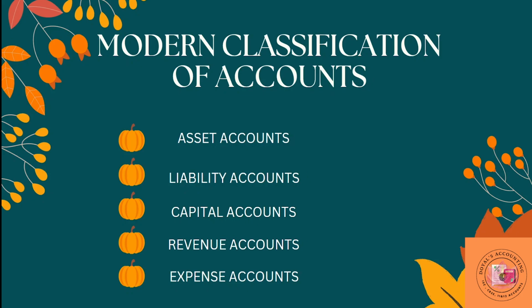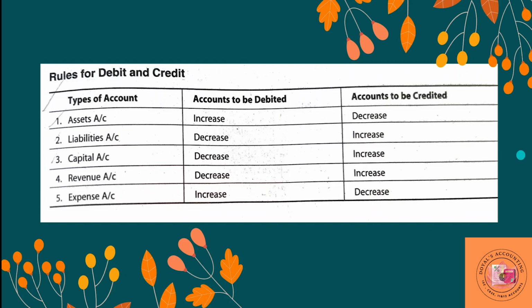Now, what are the rules for this type of classification? If an asset is increasing, it will be debited. Okay? And if it is decreasing, it will be credited. And for liabilities, if a liability is increasing, it will be credited.